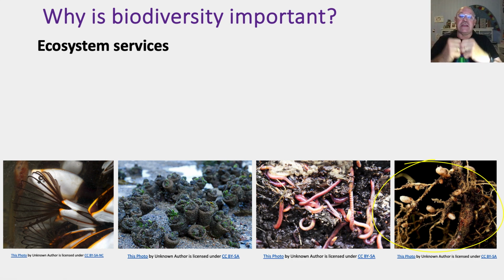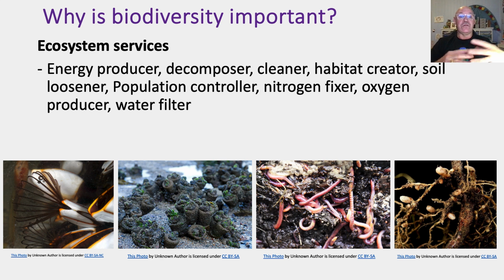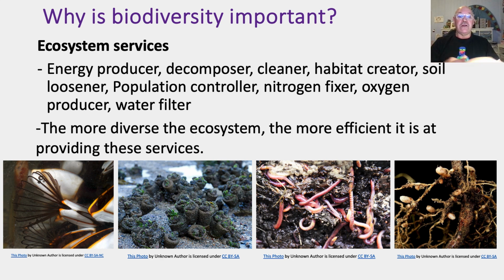They take nitrogen out of the atmosphere and make it into nitrates, which the plants can then use. So different species provide different services to the ecosystem. The more diverse the ecosystem, the more efficient it is at providing these services. You start removing species from the ecosystem, then they're less likely to be able to do these ecosystem services, and the ecosystem can break down.